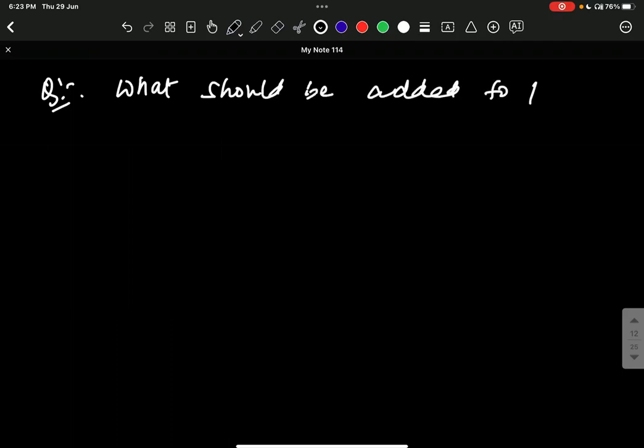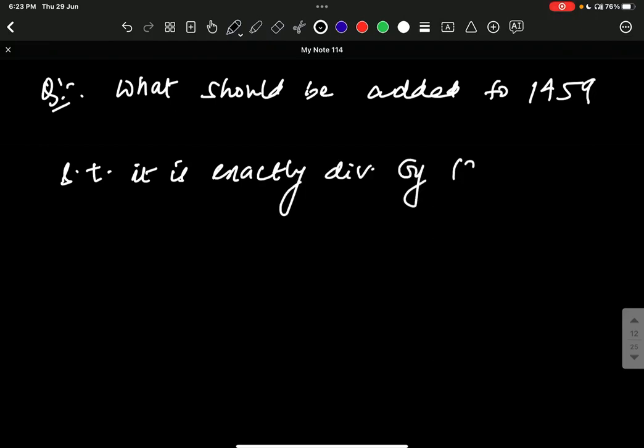Then next question, what should be added? ये questions बहुत favorite हैं, आते ही हैं. What should be added to 1459 such that it is exactly divisible by 12? ठीक है, तो आप कैसे कैलकुलेट करेंगे?